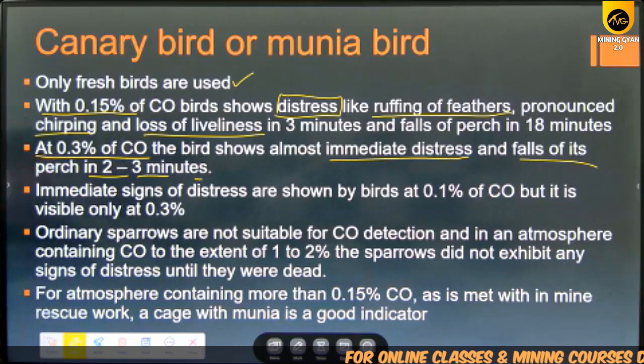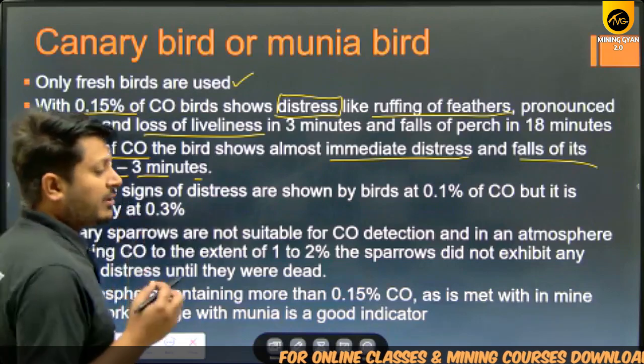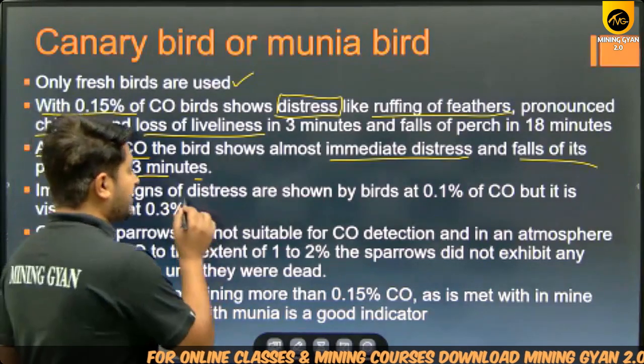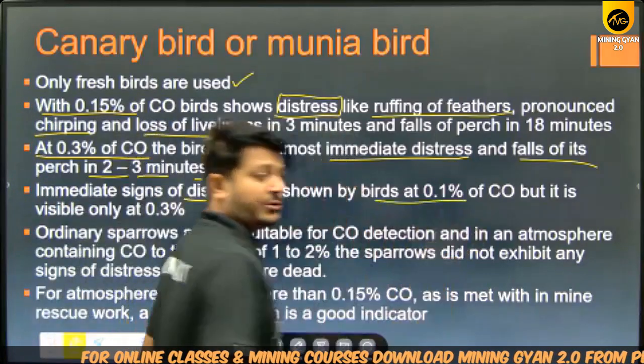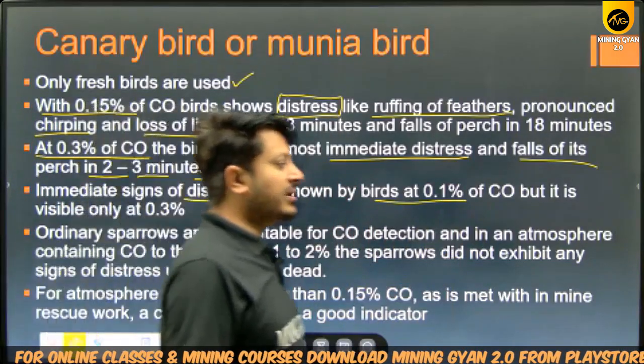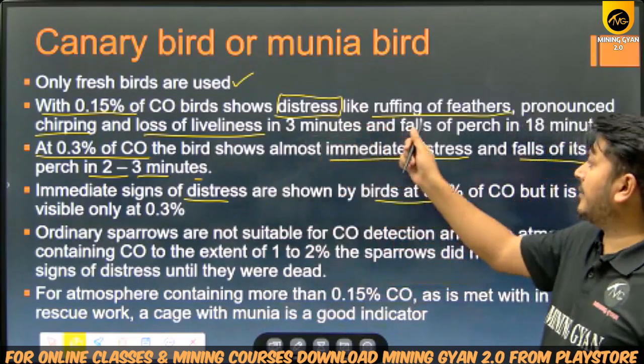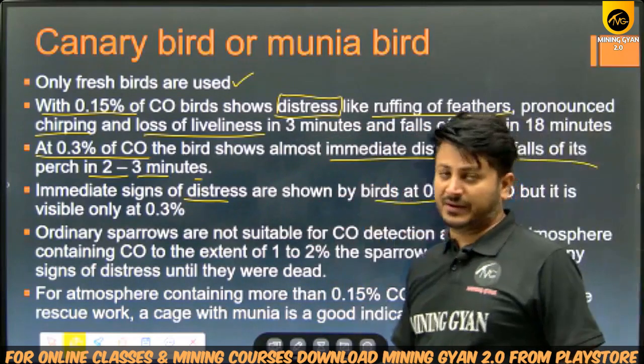Now you have to remember this thing, that the munia bird shows distress at 0.1% only. Most of the time the munia bird shows distress, like roughing of the feathers, chirping or loss of liveliness.